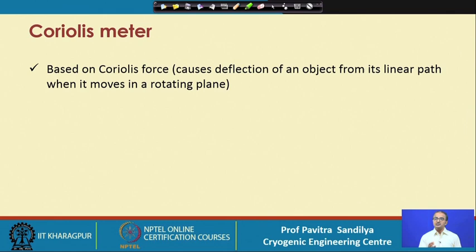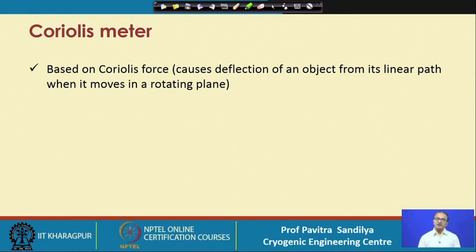This force comes into picture in many other ways also, for example, whenever ships are going over the sea and crossing latitudes, their distance from the axis of rotation of the earth also changes, due to which they will experience different rotational acceleration, and that will cause some deflection from their linear path.